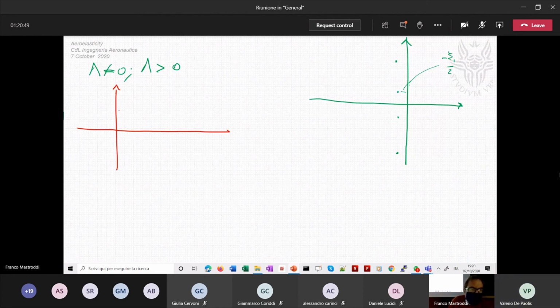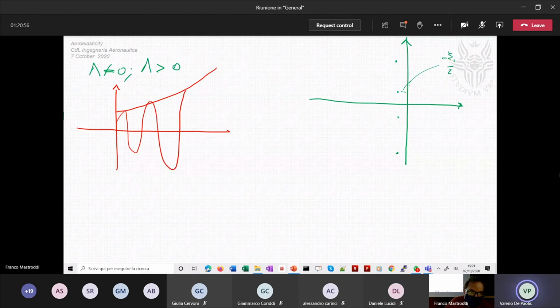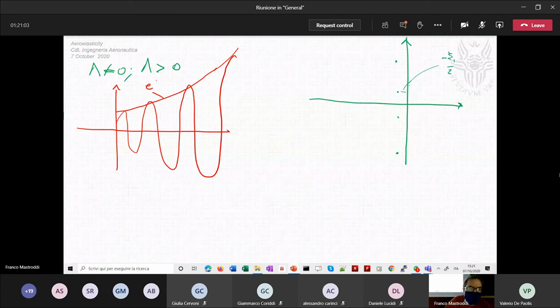However, if your system is linear, you will have this response, and so on, with this equal to e to the power real part of s times t, and this frequency here, period equal to 1 over frequency.